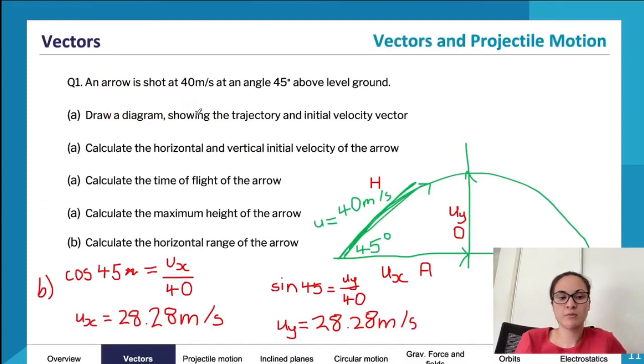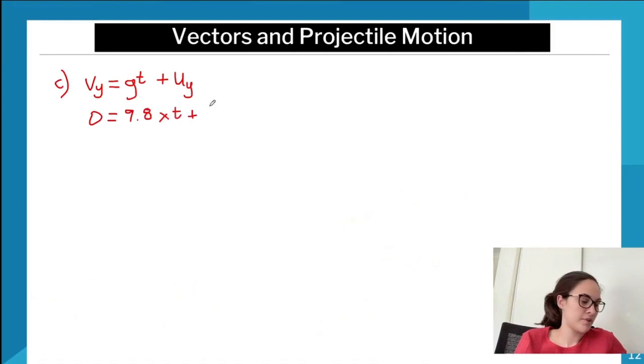Oh, and I just want to say as well, this is an approximate value. I rounded that, so just make sure you use the curly equal signs. Plus uy, which is 28.28.